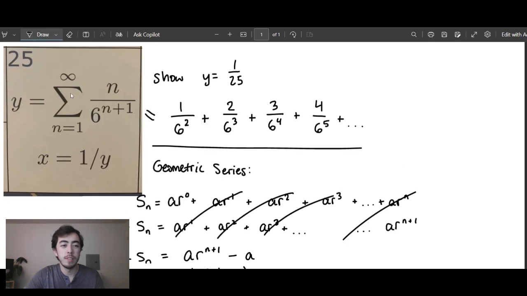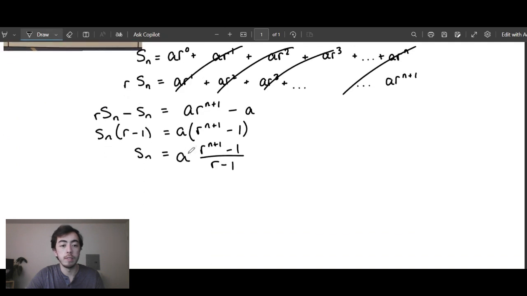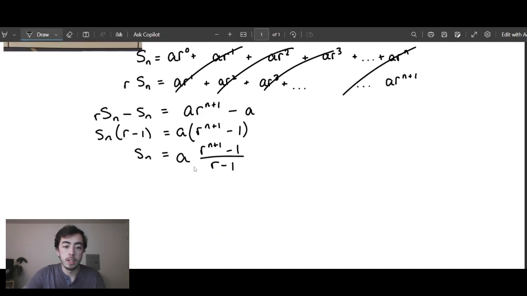Since we're taking an infinite sum over here, let's think about this series being infinite now. And if our common ratio is less than 1, or rather if its absolute value is less than 1, try to imagine what's going to go on here in a second.